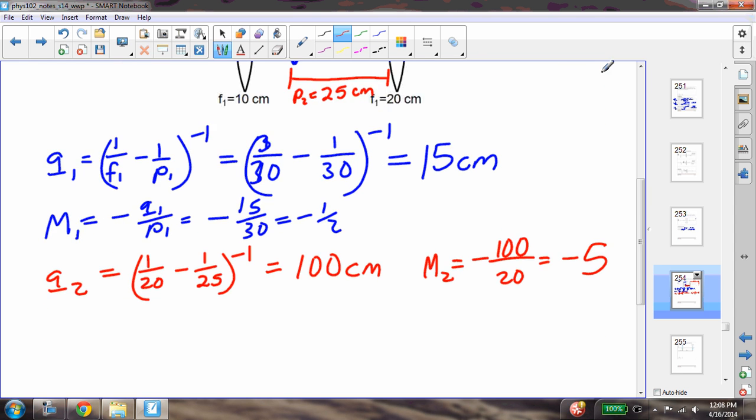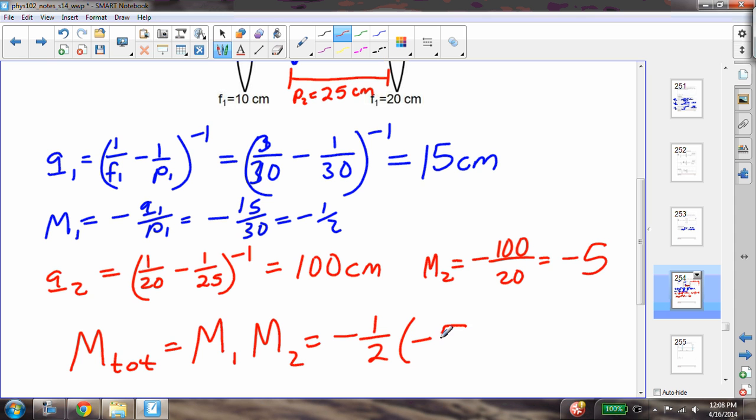Now, if we want to find our total magnification, I'll just take the product of M1 and M2. That's negative 1/2 times negative 5, which is positive 2.5. So this image should be 2.5 times the size of the original object, and it should be upright.